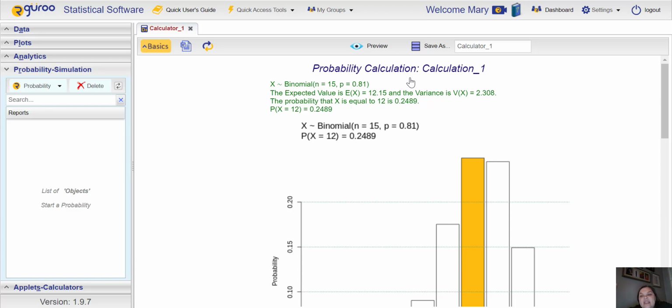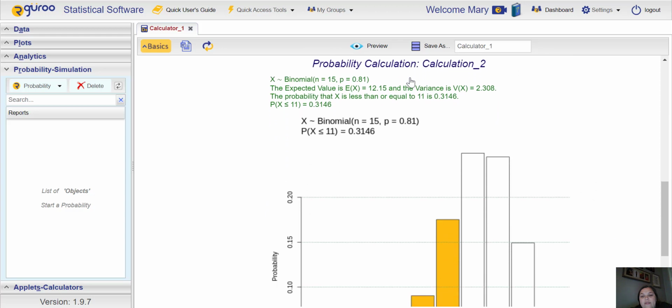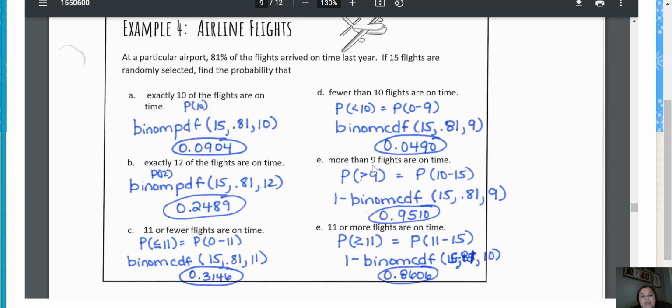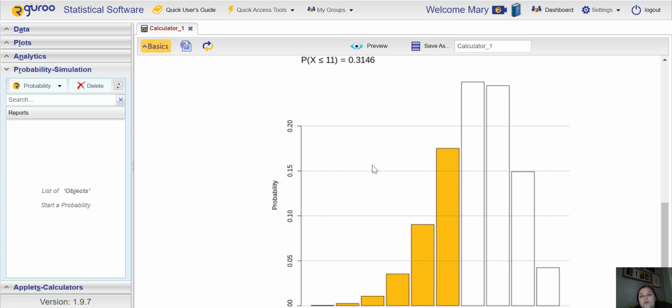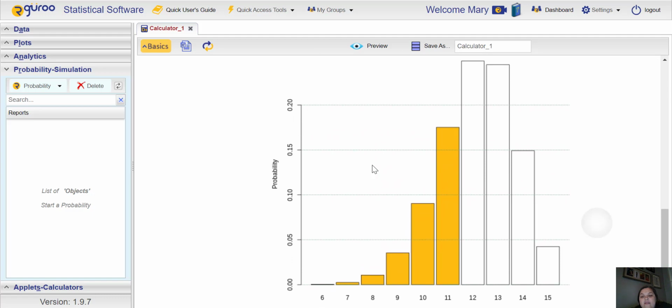Because I did a second calculation, you have to scroll down to find this graph. You can see first that they're saying the probability that it's less than or equal to 11 is 0.3146, which is the same thing that we got with the TI calculator. But this is what I think is really cool, and it's also a way for you to check that you did this correctly. They have graphed all the probabilities that we would have added together to find this specific probability.